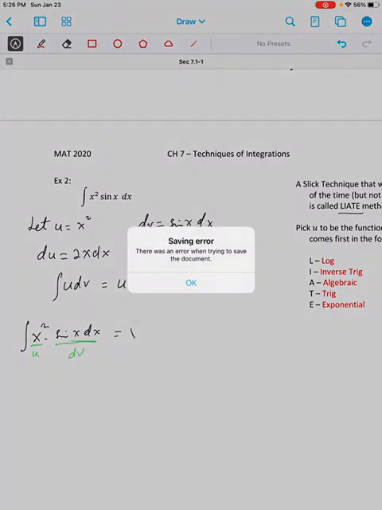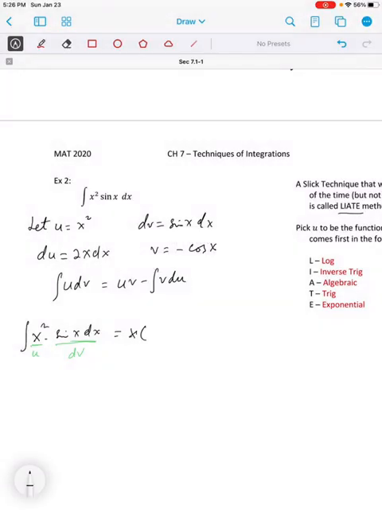So u is x squared and v is minus cosine x, minus the integral of v, which is minus cosine x, times du, which is 2x dx. So what we end up getting is equal to minus x squared cosine x plus 2 times the integral of x cosine x dx.